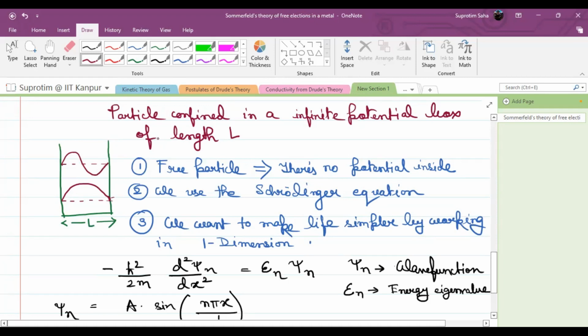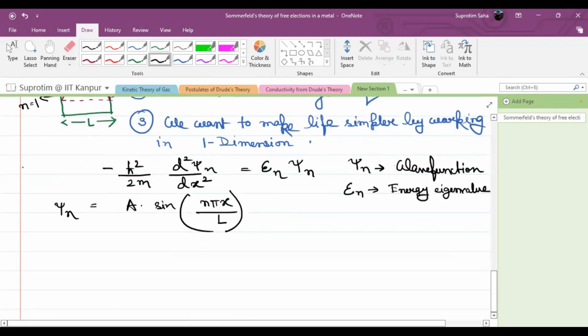So the primary requirement for this solution is that the wave function should go to 0 at the boundary. This is for n equals 1 and this is for n equals 2. So as you can see, at x equals 0 and L, psi n goes to 0.